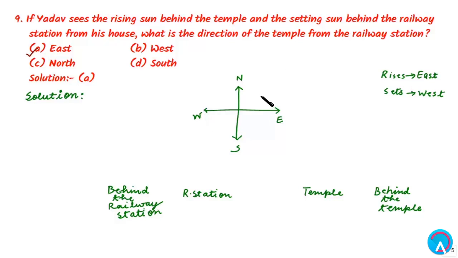So if we look at the direction diagram, this is westwards and this is eastwards. We have to find the direction of temple from the railway station. So this is temple, so temple is towards east and this is railway station, it's towards west. So direction of the temple from the railway station will be east. So that is why A is the correct option.